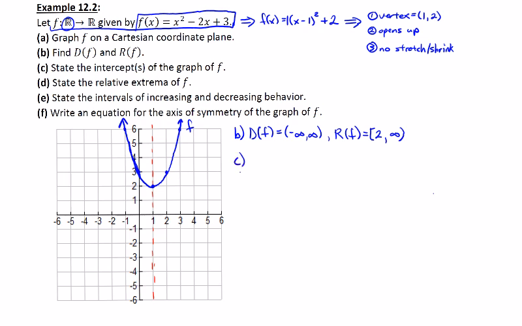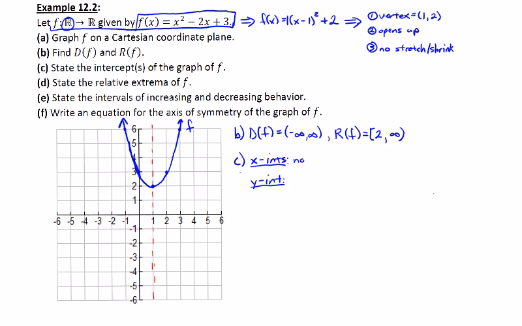For part C, we're looking at stating the intercepts for the graph of f. Now, when we talk about intercepts, there's always two types of intercepts. There's either x-intercepts or there is a y-intercept. Because the vertex is above the x-axis, and our graph ends up opening up, there is no way that it encounters the x-axis.